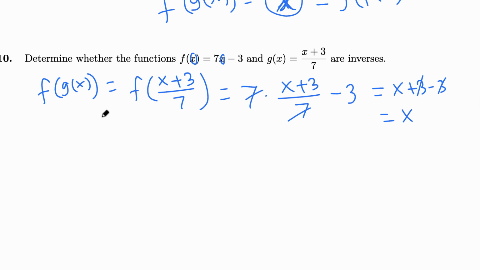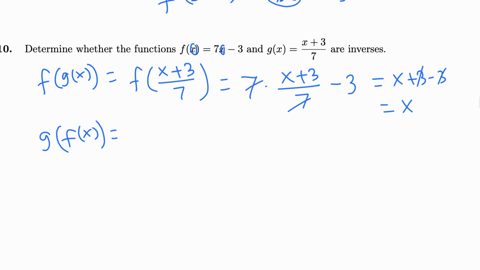It's not enough though. Now we're going to find g of f of x. It has to be x as well. So in this case, we are plugging f into g. So g of f is what? 7x minus 3. Now this is g of input. g of input is input plus 3 over 7.